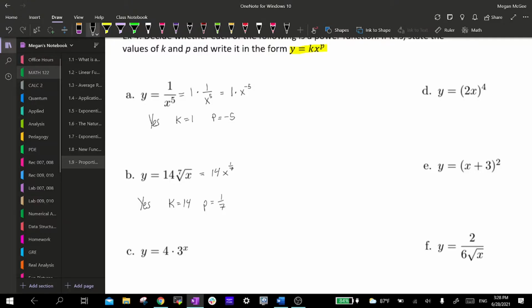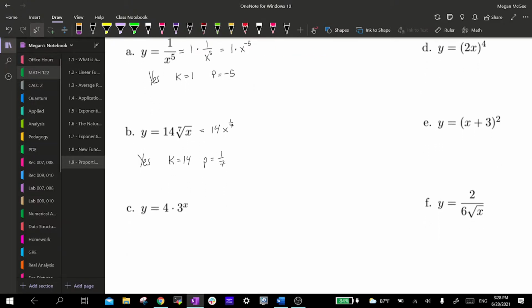All right, let's look at C. We have y is equal to 4 times 3 to the x. Now, there's definitely a power happening here, right? There is something raised to something. There is an exponent. However, our definition of a power function said it must be a constant power of x.